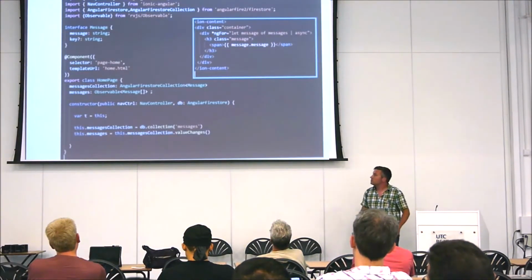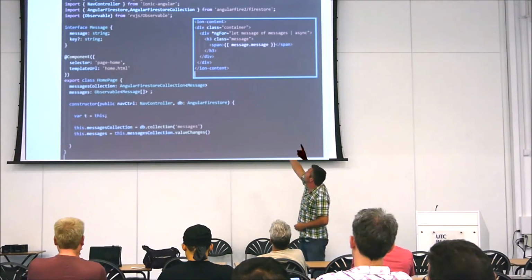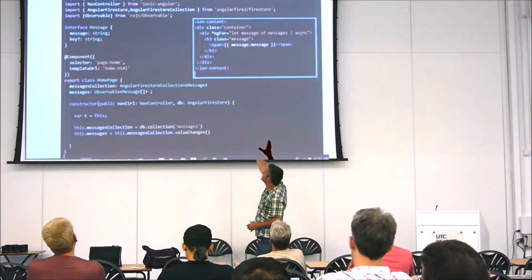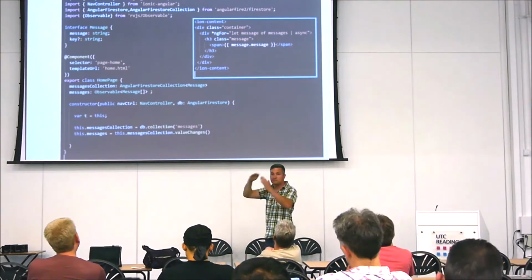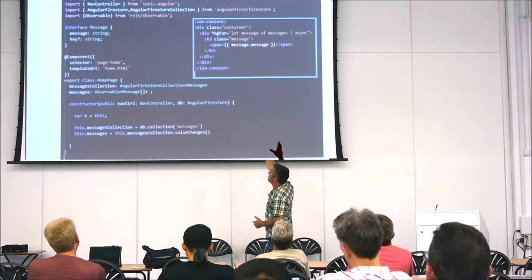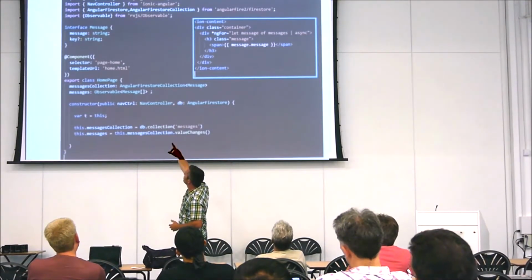So here's the code that I showed you was running on my computer that showed you the messages. Put that HTML at the top there. Again, this is Ionic code. So for every message in the list of messages, we're just going to put it on the screen in a list. That's basically what that HTML means. And then here we're going to bring in the libraries for Firebase.